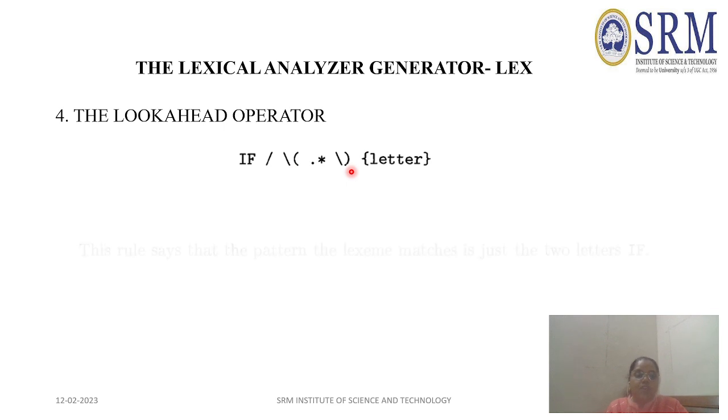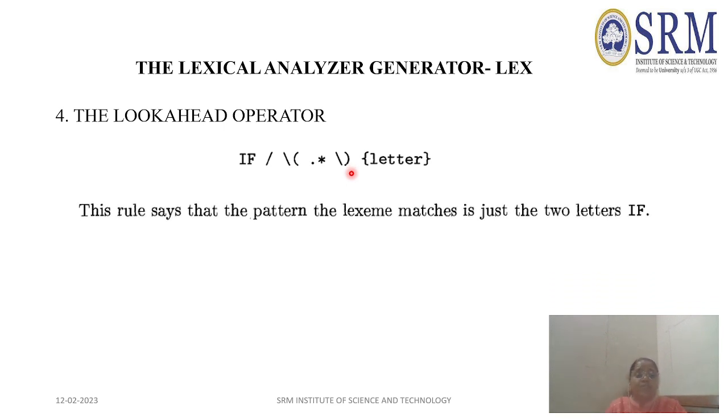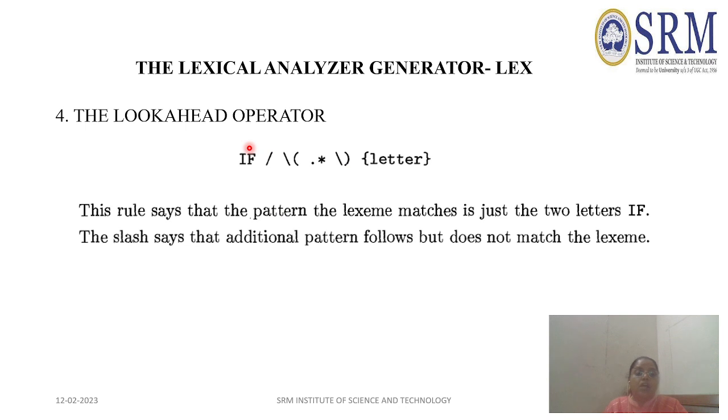So this rule says that the pattern lexeme matches is just the two letters if, right? So the slash says that it is an additional pattern followed by, which does not match with the lexeme. So it does not match the lexeme.